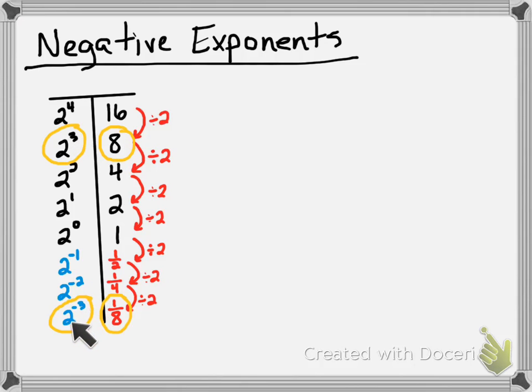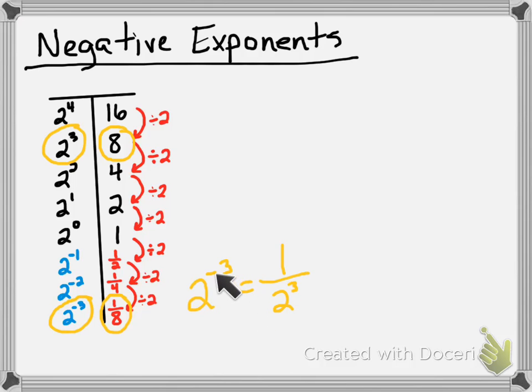Here you have 2 to the negative 3, and I get a 1 over 8. So that tells me that 2 to the negative 3rd power is equal to 1 over 2 to the 3rd power. Since 2 to the 3rd power is 8, and this equals 1 over 8, this equals 1 over 2 to the 3rd power.